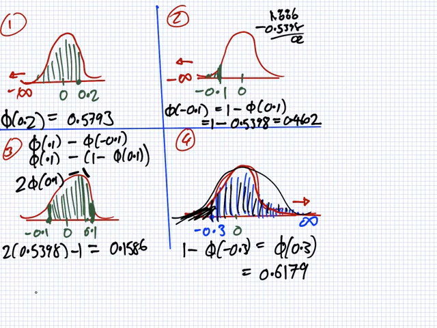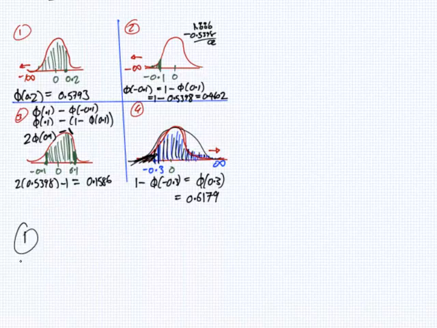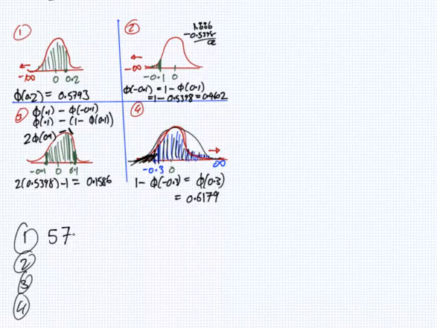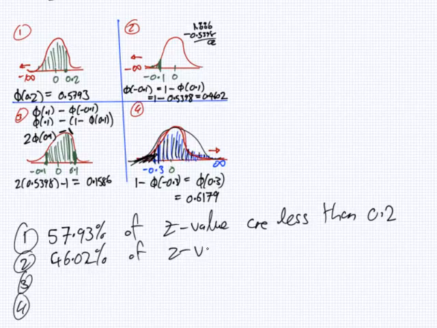So let's just write down what those results mean if we were to interpret them. So result 1, 2, 3 and 4. Result 1 means that 57.93% of Z values are less than 0.2. Result 2 means that, what did I get there? 46.02% of Z values are less than minus 0.1.